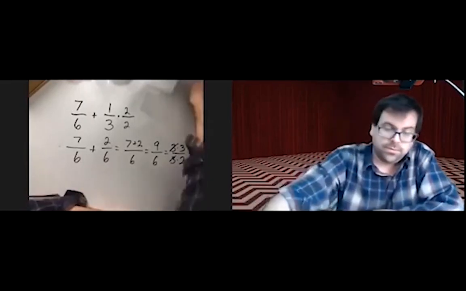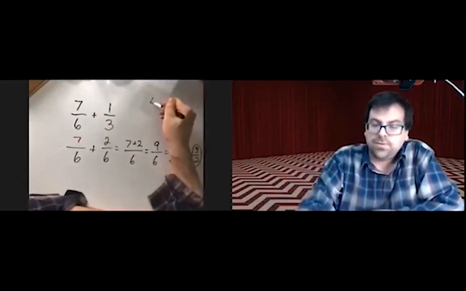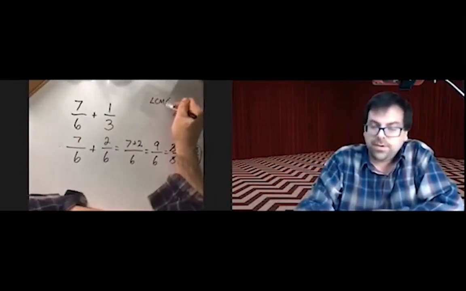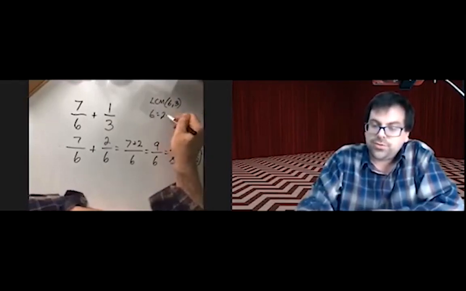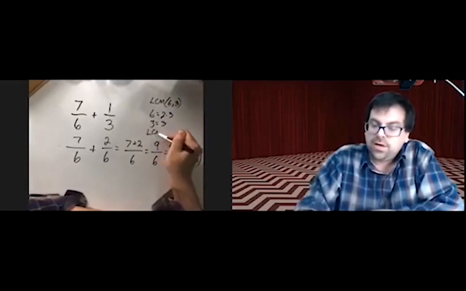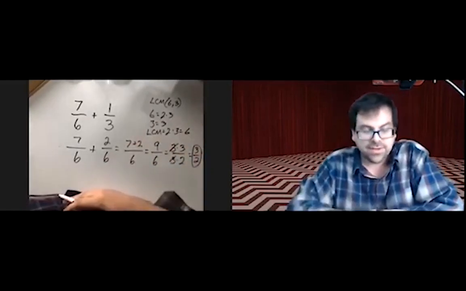Or just the long way. Least common multiple of 6 and 3. 6 is 2 times 3. 3 is just 3. Least common multiple would be 2 to the first times 3 to the first, which is 6.